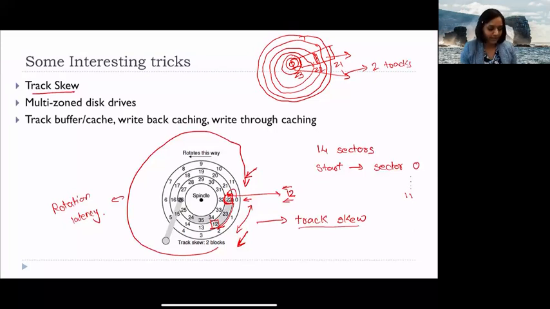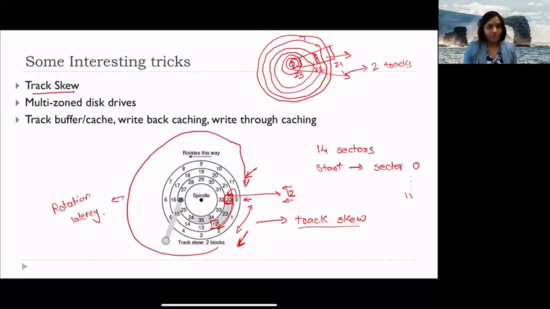And so rather than sticking to a fixed number of sectors on each track, we modified the disk to have a fixed number of sectors within each zone.